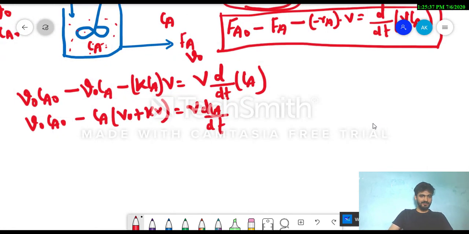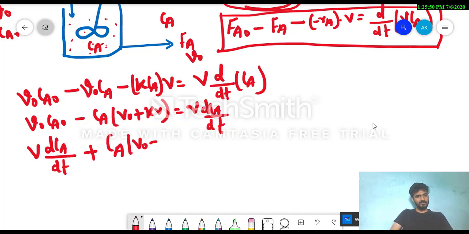now understand one thing, just arrange this term in this way, dCa upon dt. I am not doing anything, that is totally mathematics now, because you have got the first order differential equation and you already know how you used to derive these things from a first order differential equation. V naught Ca naught. Okay, now understand, divide both sides by this term.